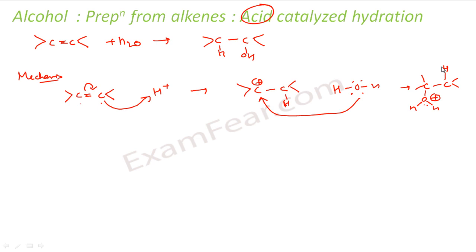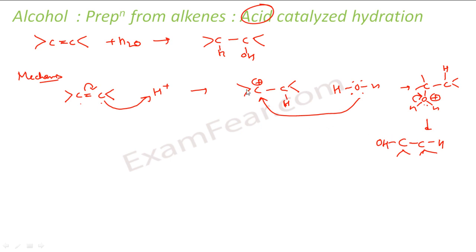Correct? And now we have this plus charge on oxygen that is unstable. To get rid of this plus charge, this hydrogen will come out. So what you get is something like this. This is a typical reaction mechanism for this. And it follows the Markovnikov rule.